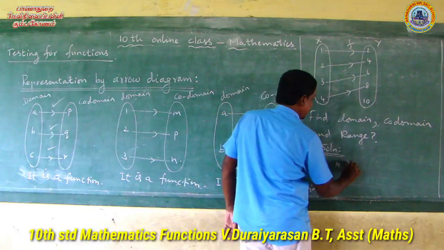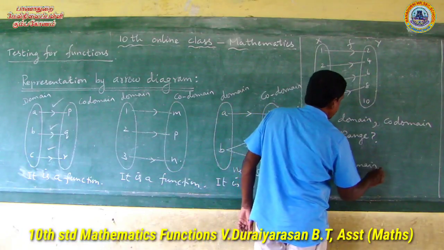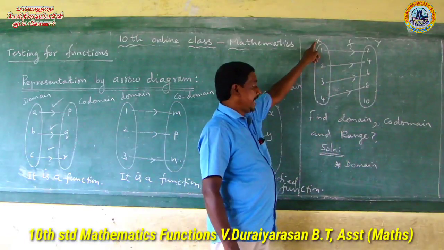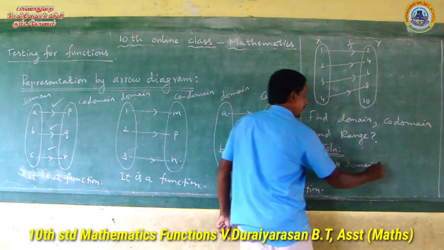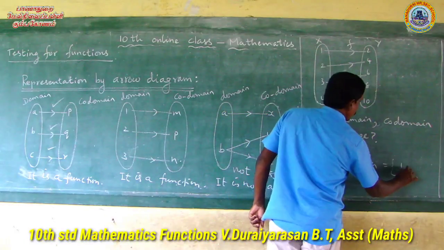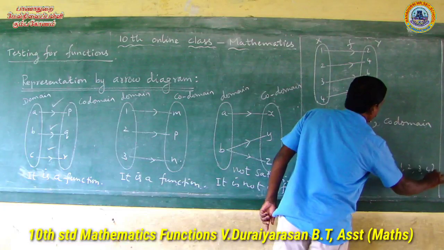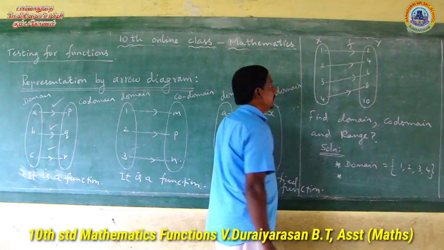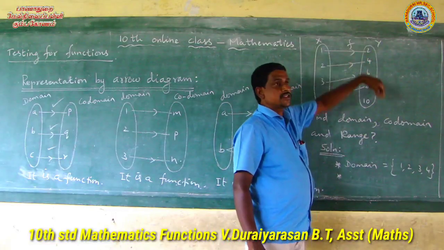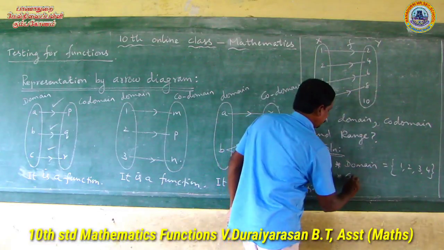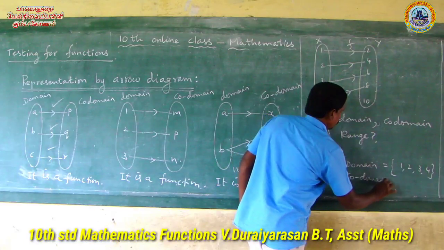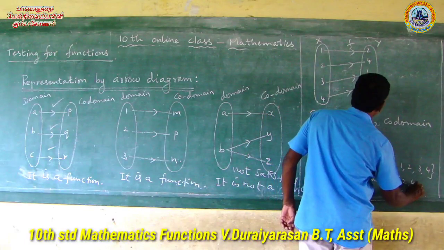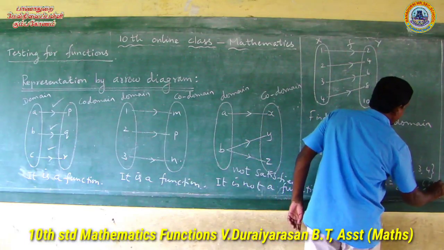How to find them? The set capital X is called the domain. What are the values of the domain? 1, 2, 3, 4 is called the domain. What is the codomain? The set of all Y is called the codomain. The codomain is 2, 4, 6, 8, 10.